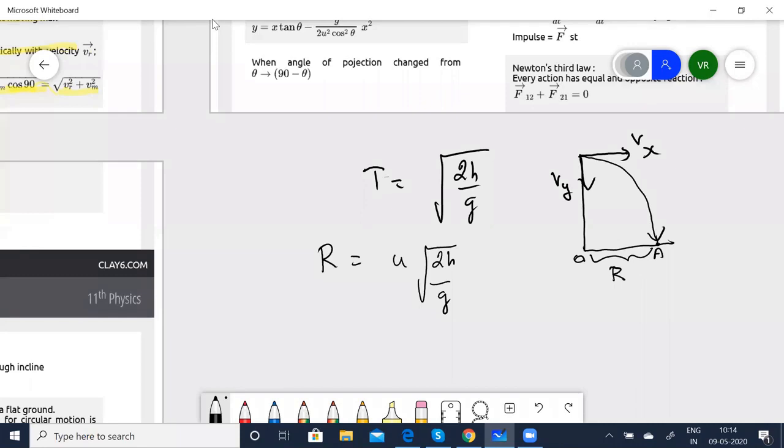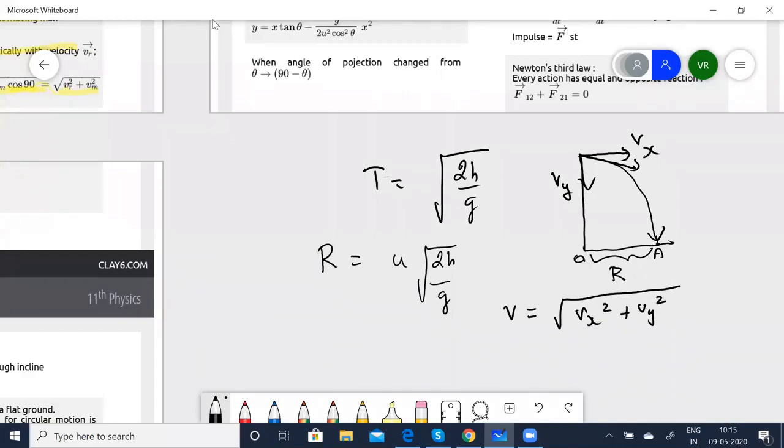So what will be the resultant velocity? This is going to be the resultant velocity, which is given by V is equal to root over Vx squared plus Vy squared.